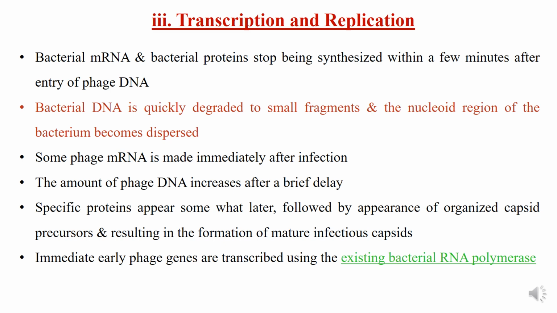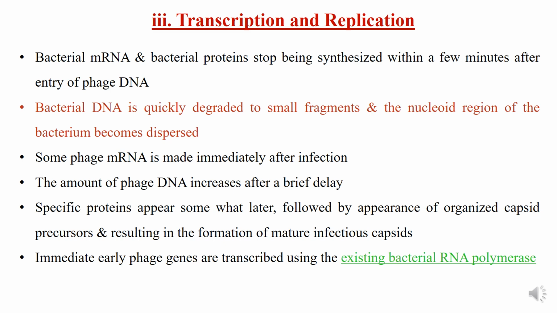Bacterial DNA also is degraded into small fragments, and the nuclear region of the bacterium becomes dispersed throughout the cell. Why does this happen? The virus makes the bacteria synthesize different enzymes which degrade this DNA. Let us see how it does this in the next step.